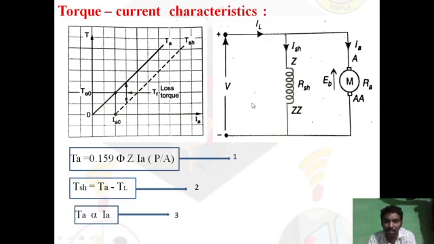Okay, let us come to the discussion later. This is a circuit representation of the DC shunt motor. Now for this type of motor, we have to discuss the torque current characteristics.